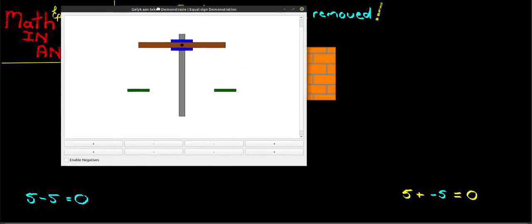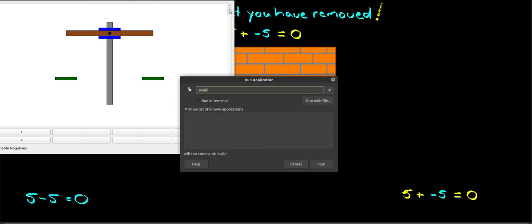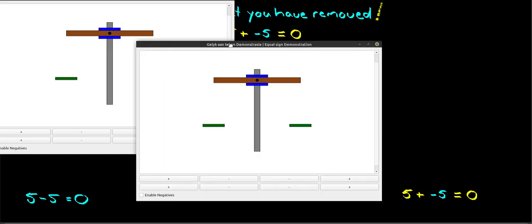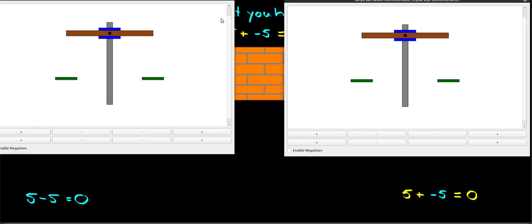And we're going to need 2 of these. We're going to have one over here and one over here. Watch this. On this side, what I'm saying is I have 5 and I am removing 5.